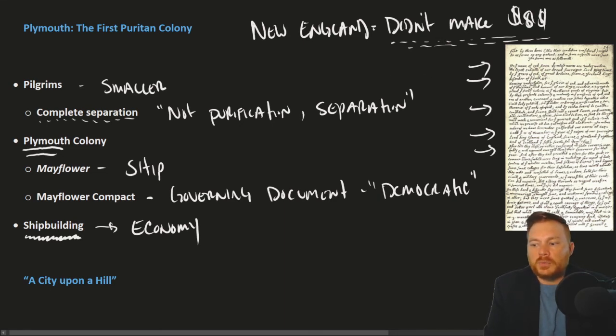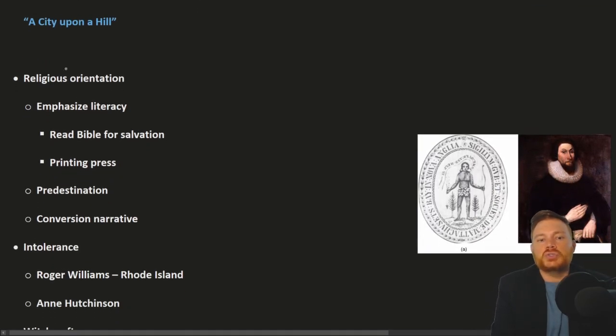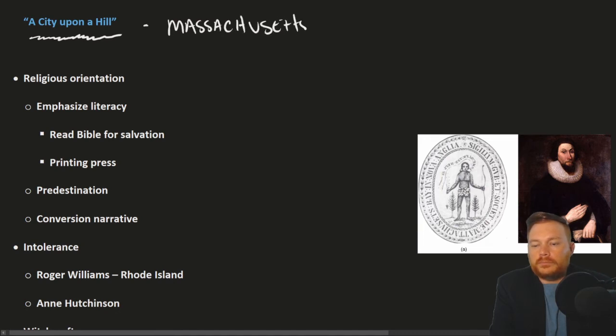It's relatively small. By far, the much more important colony is the Massachusetts colony, or what was called a city upon a hill. We might say this is the Massachusetts colony. And the city upon a hill is a sermon or speech given by Winthrop, or at least I think Winthrop, which really describes the purpose of creating Massachusetts and why so many Puritans lived there.